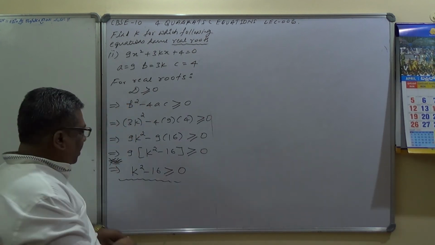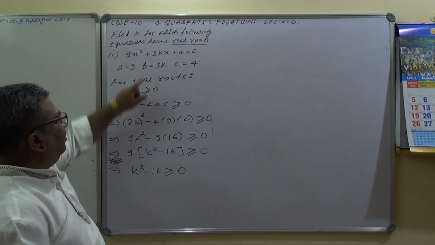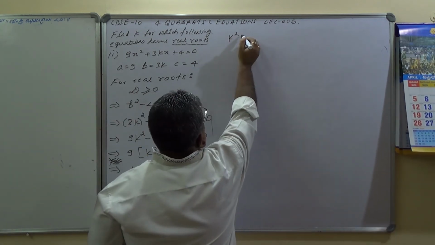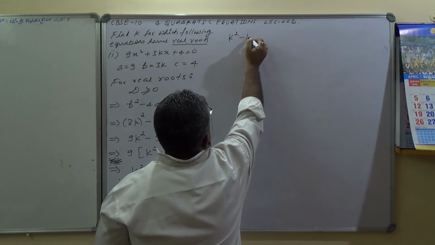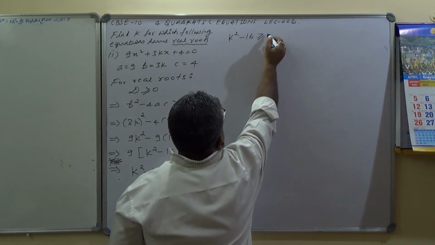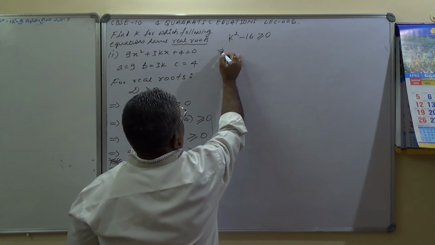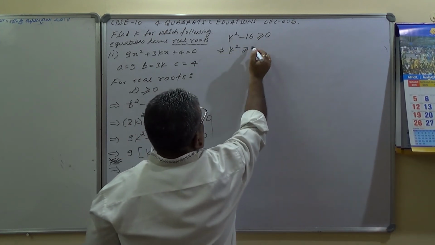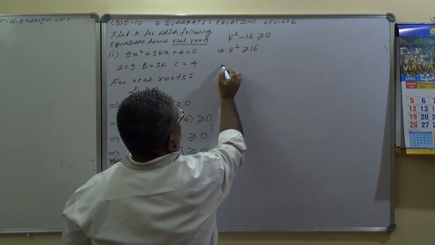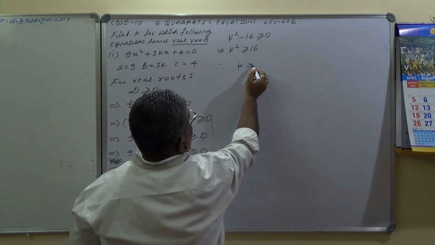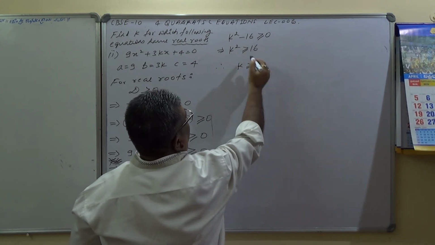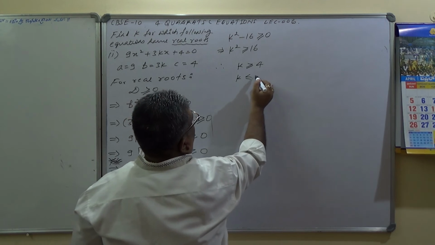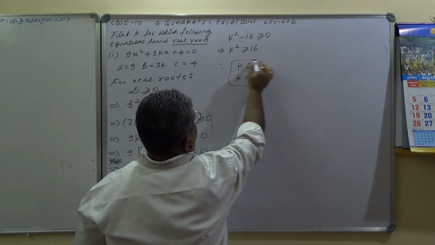The question is to find the value of k for which the roots are real. So once again, k square minus 16 should be greater than or equal to 0, which implies k square should be greater than or equal to 0 plus 16. Therefore, k should be greater than or equal to 4, and k should be less than or equal to minus 4. So this is the answer.